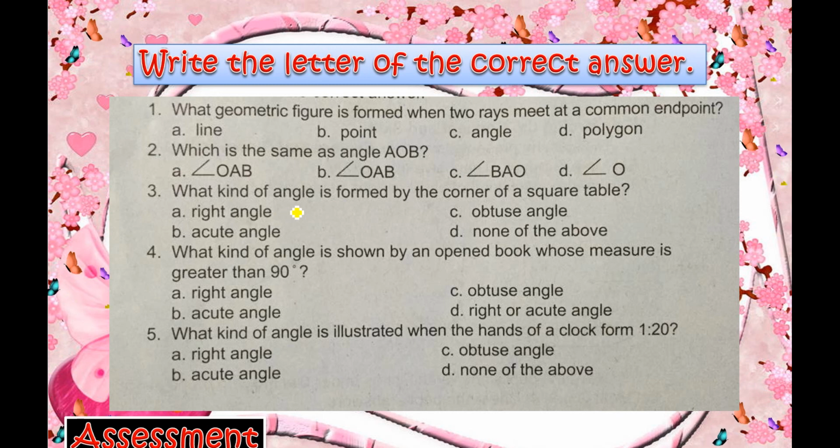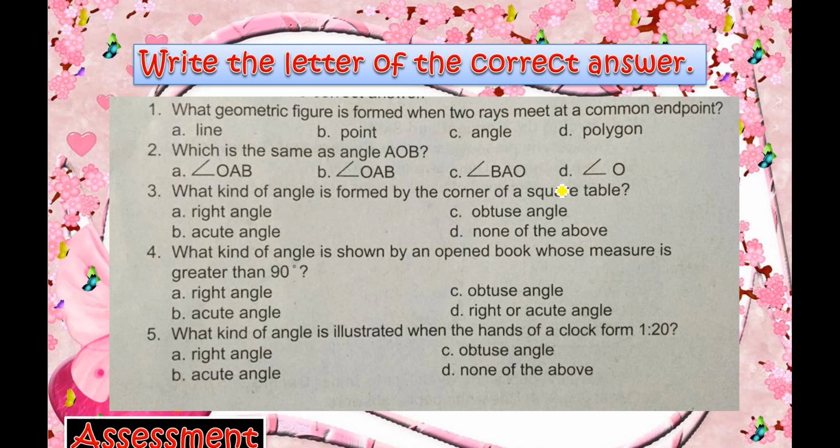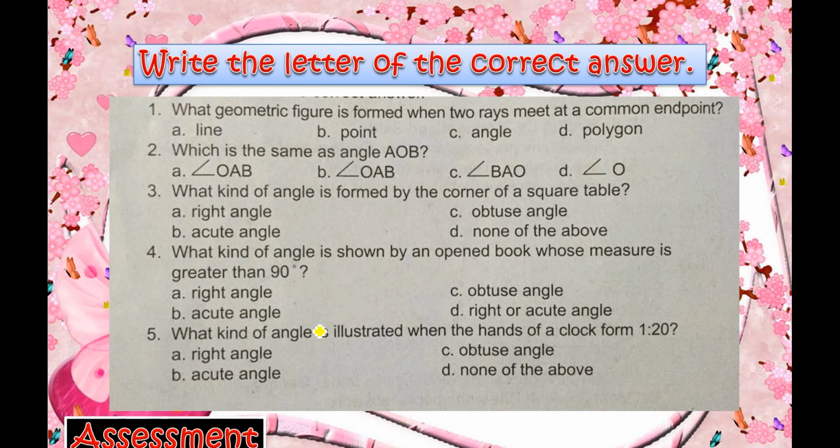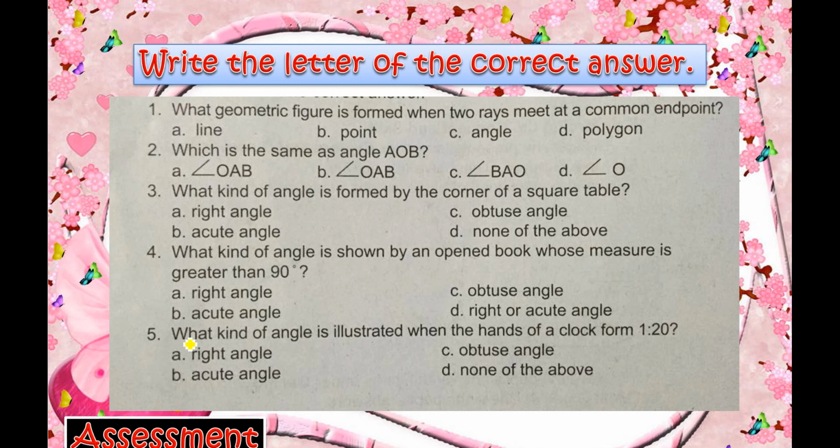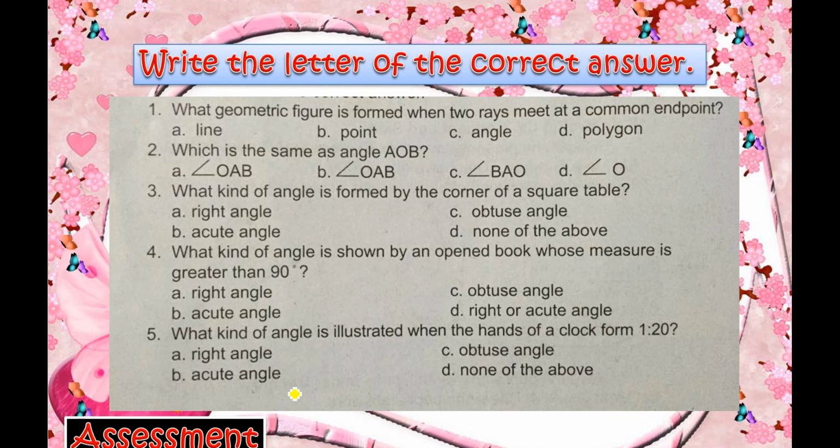Number 3, what kind of angle is formed by the corner of a square table? Number 4, what kind of angle is shown by an open book whose measure is greater than 90 degrees? And number 5, what kind of angle is illustrated when the hands of a clock form 120?